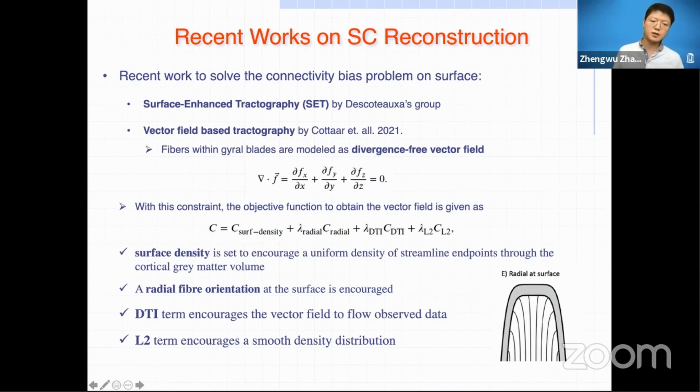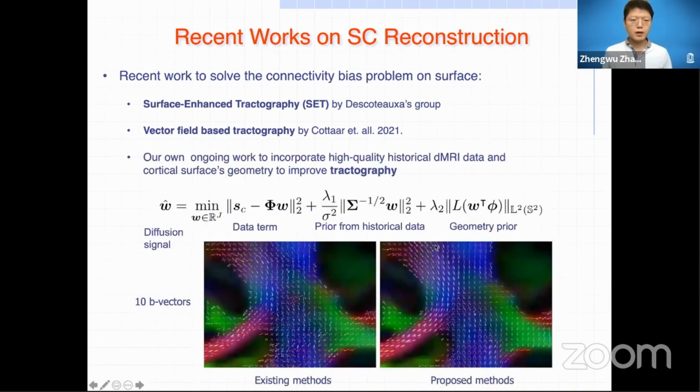This objective function contains multiple terms. One is from prior knowledge of the cortical thickness: they believe that if the cortical thickness is thicker, you're going to have more fiber curves there. Another is radial information: they believe the fiber curves should touch the surface perpendicularly instead of parallel or at some angle. You also have information from the data you measured from the scanner and some roughness penalty on this vector field.